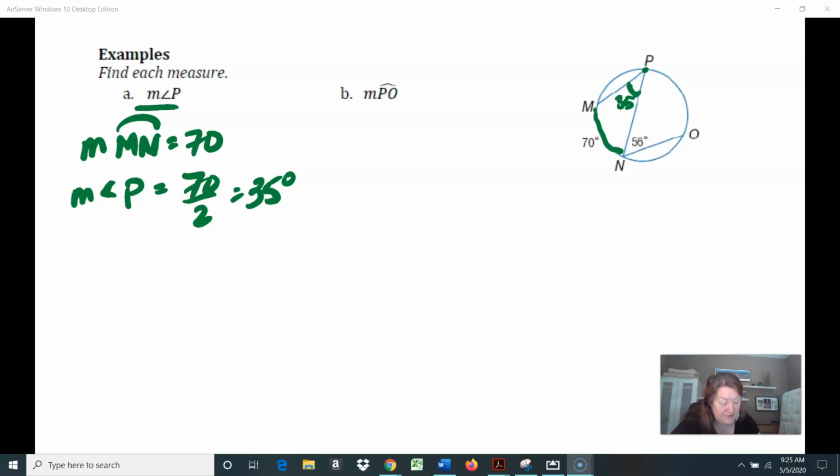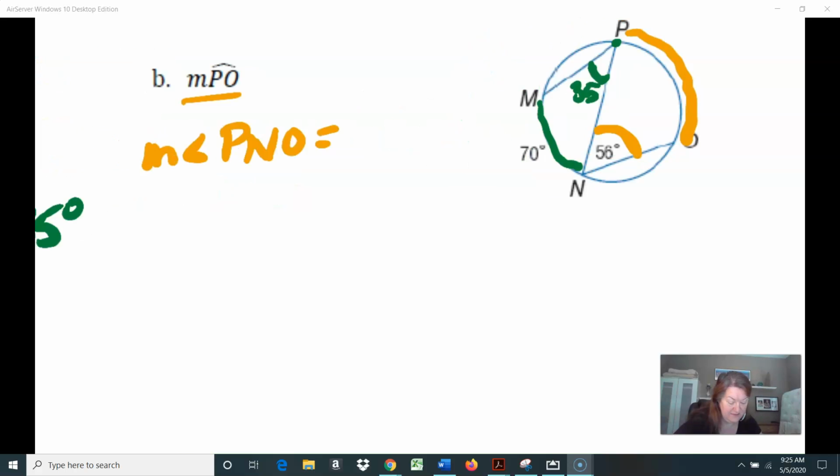All right, next one. Let's try this one over here, and it says find the measure of the arc from P to O. So for P to O, I'm going to use this angle right here to help me. So here I know that the measure of angle PNO is equal to, is that 58 or 56? Let's go see. That is a 56.